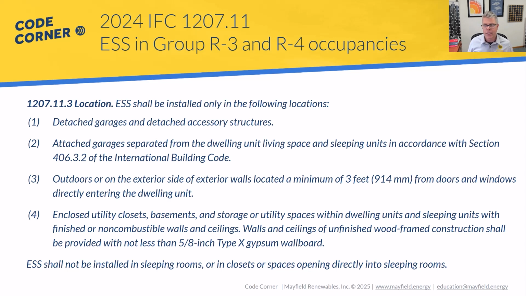And what they're really saying is that we have to have some gypsum board. We need to have a fire barrier between the garage, that attached garage, and that dwelling unit. So we're creating this differentiation from the garage and the dwelling unit, and so that's an important thing.